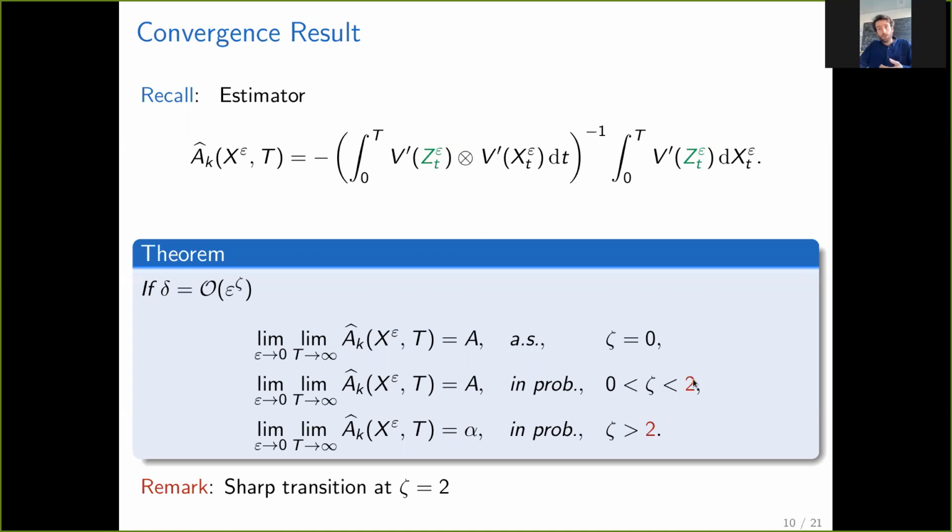What is interesting though is that the upper bound for zeta is 2, and the lower bound to get the wrong result is 2 as well. So we have a sharp transition, at least asymptotically, at the point zeta equals 2, or delta equals epsilon squared.